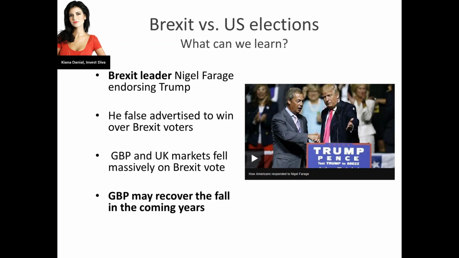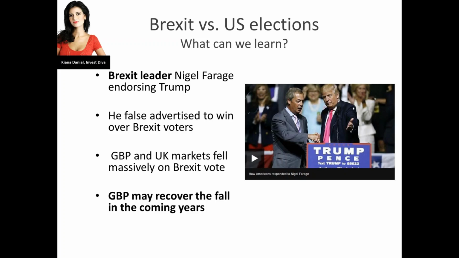And now the Brexit leader, Nigel Farage, endorsed Donald Trump. I believe it was last night. Although he had said before that he doesn't want to get involved, and he had criticized President Obama for getting involved before, now he came to the U.S. and endorsed Donald Trump.